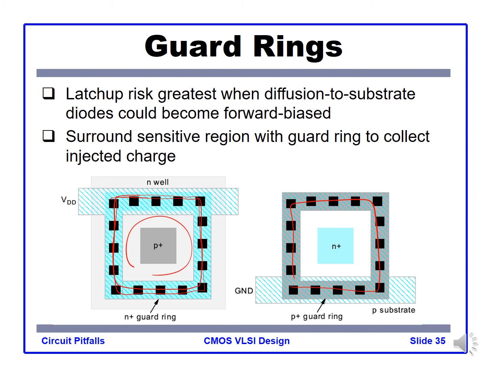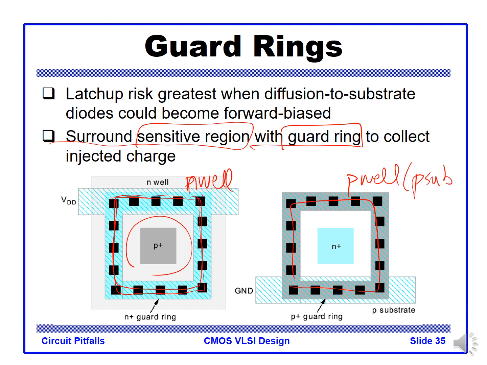So you can surround your sensitive region with a guard ring. It can be an N-well guard ring, or P-well guard ring, or P-sub guard ring, which can be drawn to safely guard the circuit.